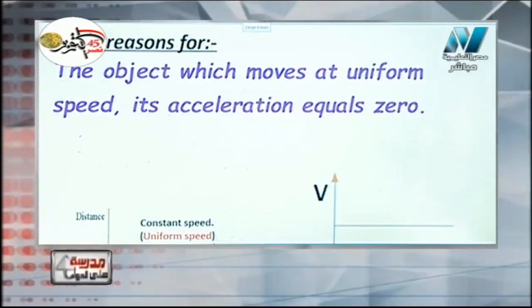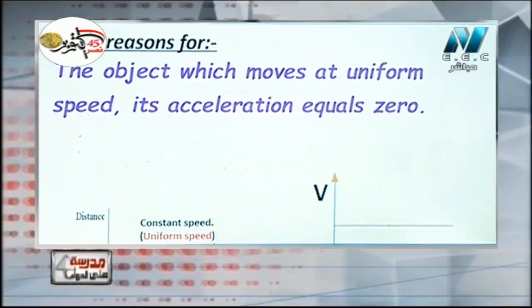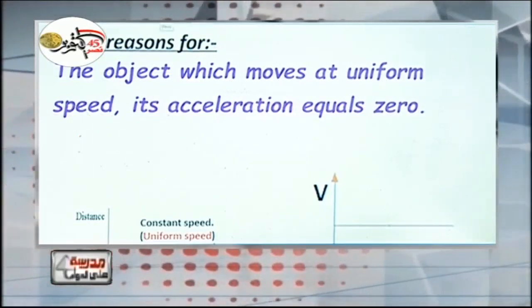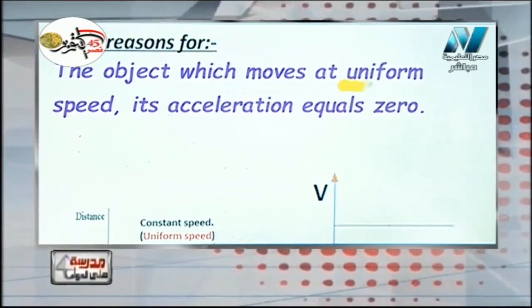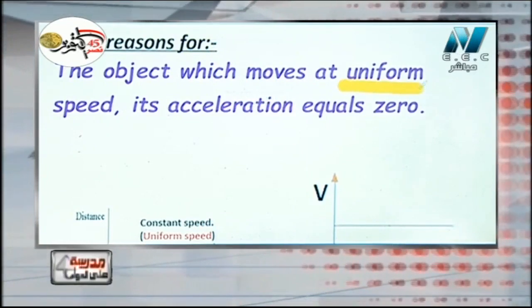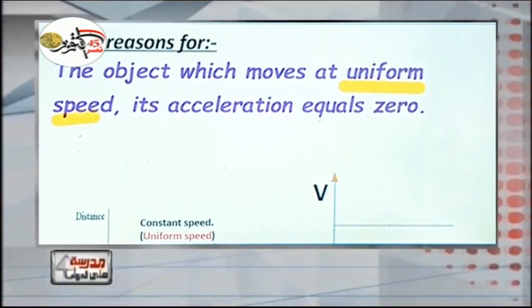As we see in front of us, it says: give reason for the object which moves at uniform speed, its acceleration equals 0. The object moves with uniform speed, and its acceleration equals 0.